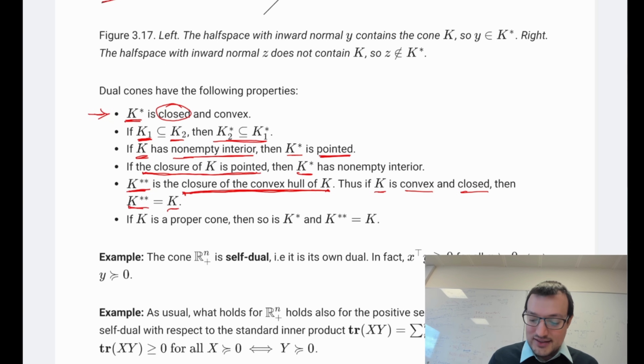But if K is not convex and not closed, by taking twice the dual, we actually construct the closure of the convex hull of K. Finally, if K is a proper cone, then also K star and K double star are going to be proper cones. And this is implied by all the properties that we saw before, okay? And the fact that K star is always closed, always convex, and so on, okay?